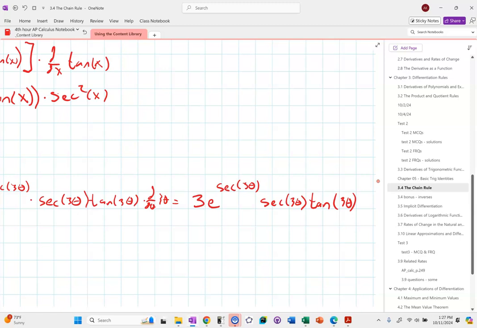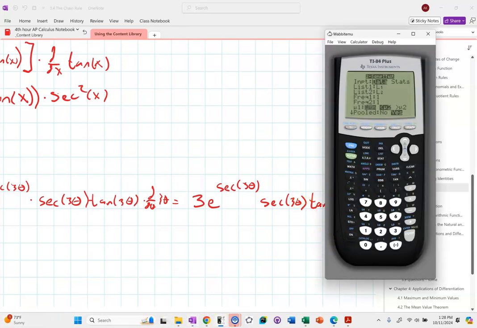How do you guys feel? It's okay so far? This has been an all right day. I want to show you some stuff we can do on our calculator here, now that we're getting deep into some of these derivative problems where it'd be nice to be able to check our work to some extent, right? If you have your calculator with you, I invite you to take it out to follow along.